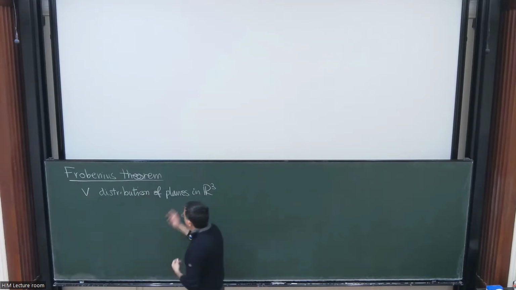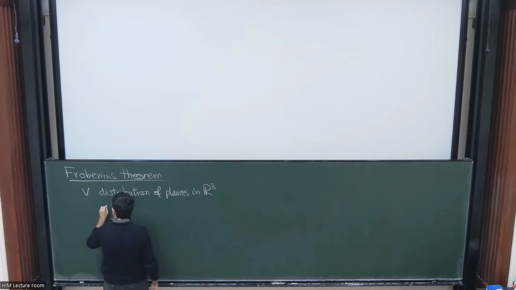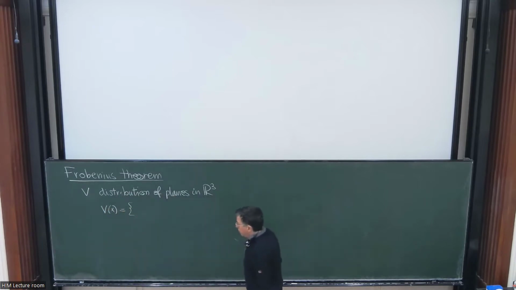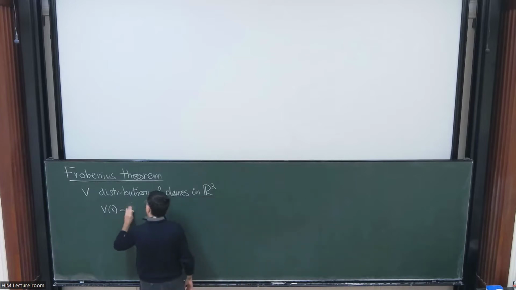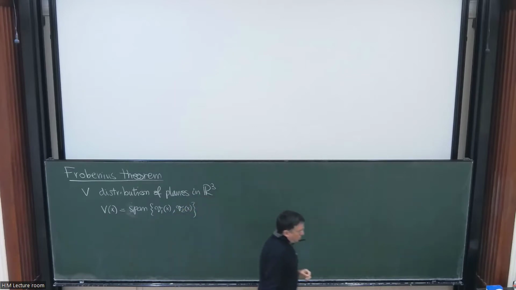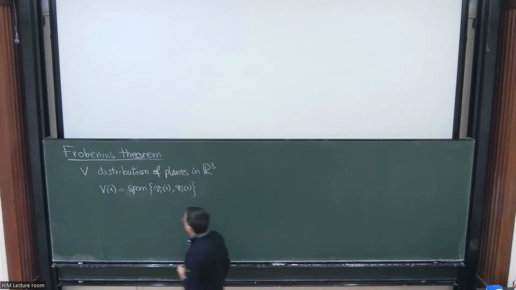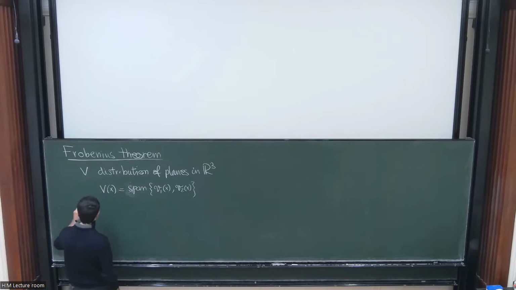That at every point X of R3, I associate a plane V of X. And actually this plane V of X will be the span of two vector fields, V1 and V2. And one important object in all this is the commutator of two vector fields.